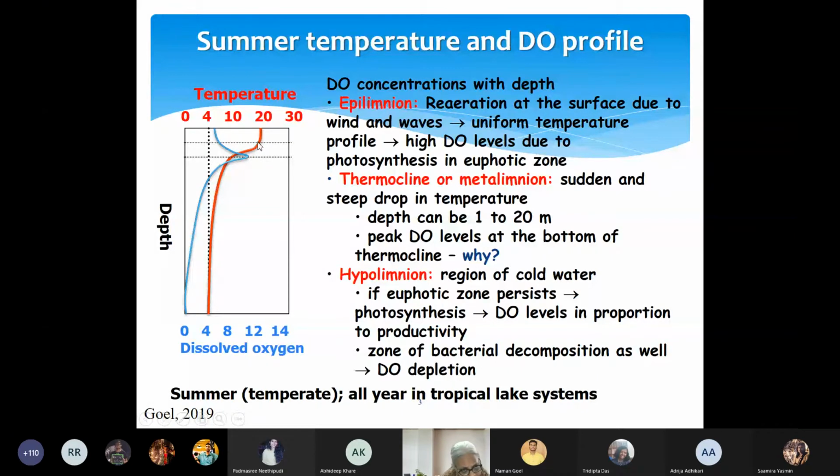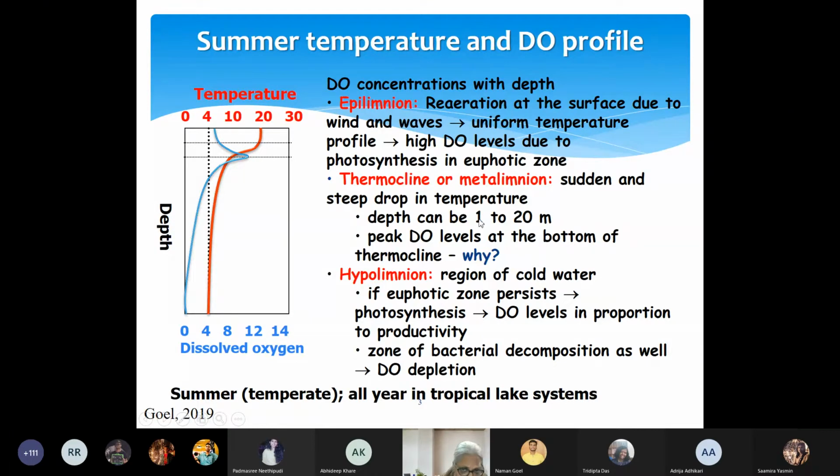Below that, where the light is not penetrating, that will cause a steep decrease in the water temperature. So that is why it's called thermocline. Thermocline means steep incline. So the slope of the temperature profile is the steepest, and that's why it's called thermocline. So there's a sudden and steep drop in temperature.